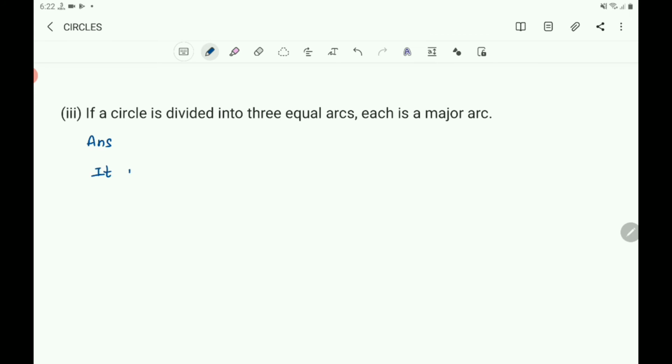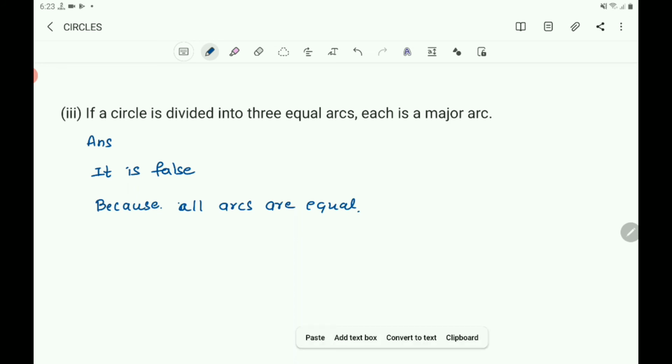It is false because if all arcs, 3 arcs are equal, there is no difference between the major and minor arcs.